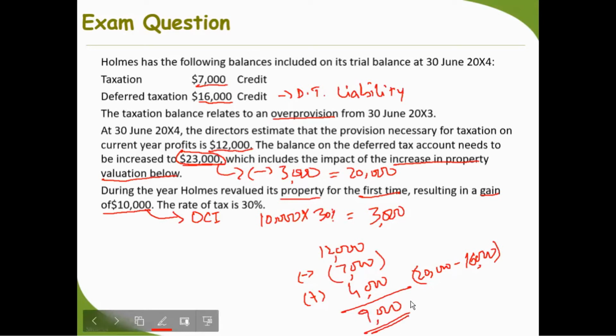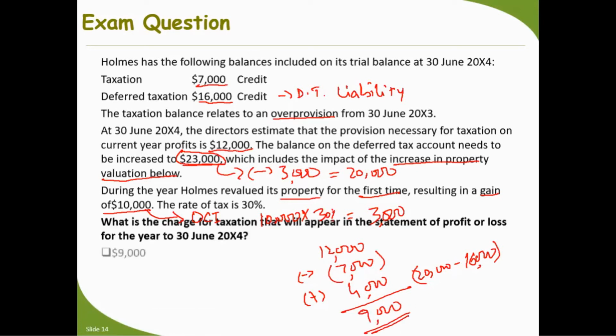Keep in mind, there is only one trick in this question: if there is an increase in deferred tax liability due to the increase in revaluation of the asset, its charge will not go to the statement of profit and loss. Yes, again I'm repeating, your deferred tax liability closing balance would be 23,000. But to calculate your statement of profit and loss charge for tax, you will exclude that effect which we have done here. So your closing balance would be 9,000.